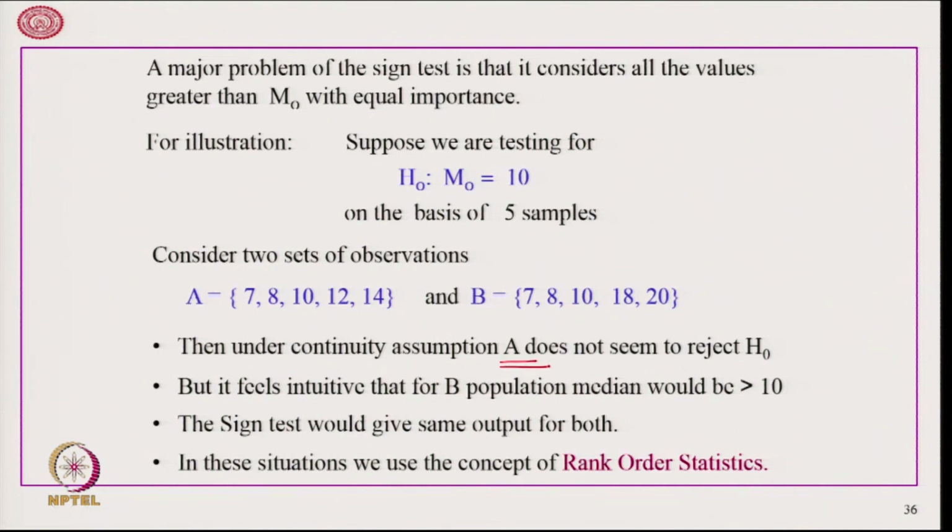Therefore, A does not seem to reject H naught. This sample is not going to reject the H naught, but it feels intuitive that the B population median would be greater than 10, as I have already explained, but sign test would give the same output for both. Therefore, we need to do something better, and we introduce the concept of rank order statistic.